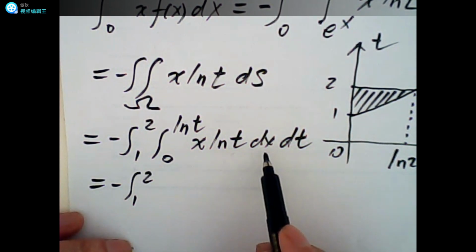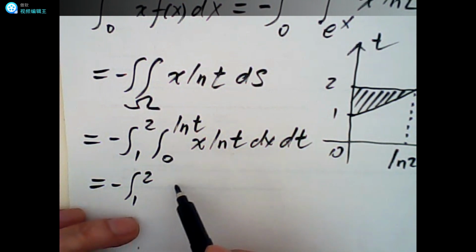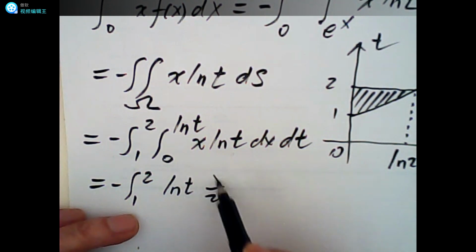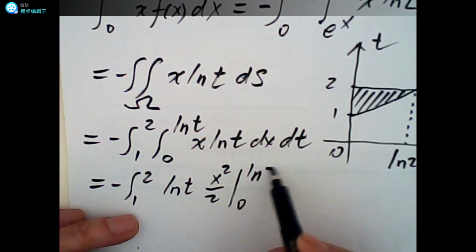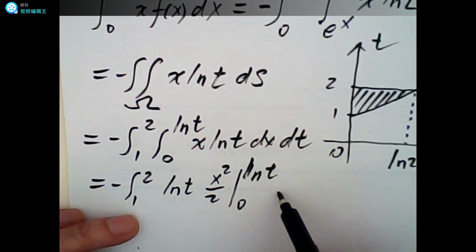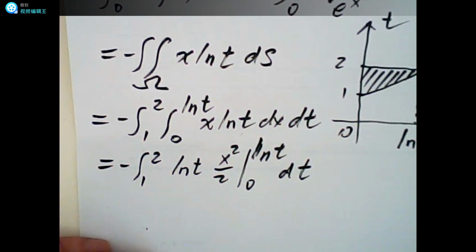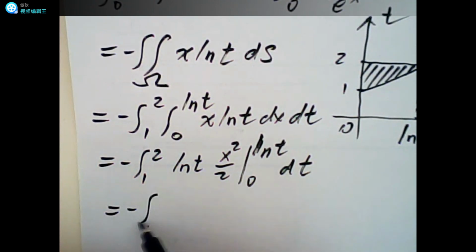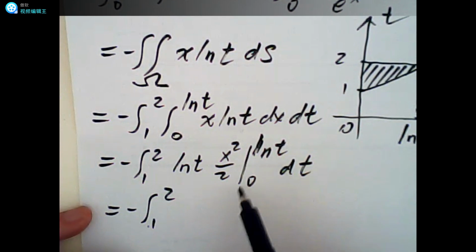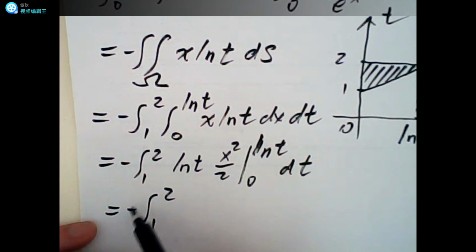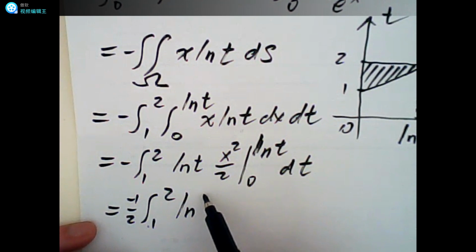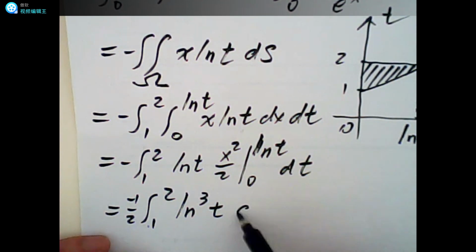Now we do x first, so this will be log t times x squared, from 0 to log t, and dt. So this one is going from 1 to 2. I'll take half out, negative half. This will be log cubed t, and dt.